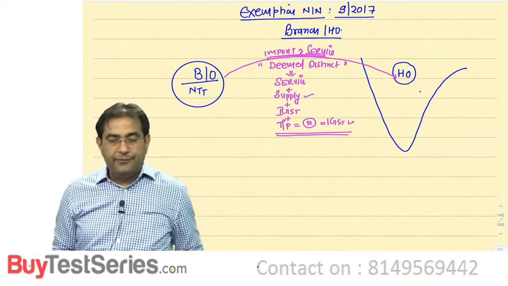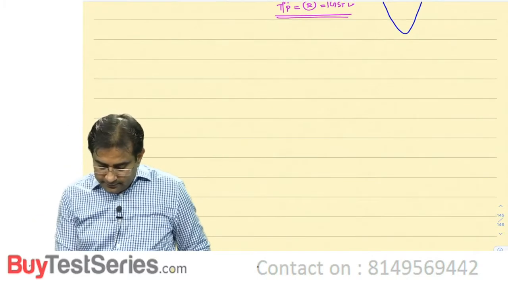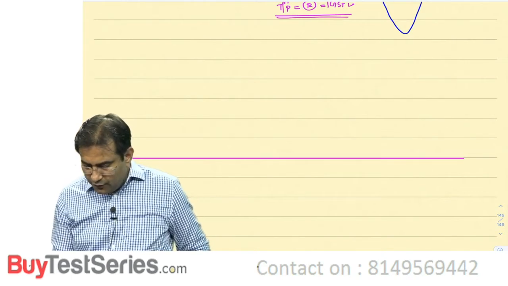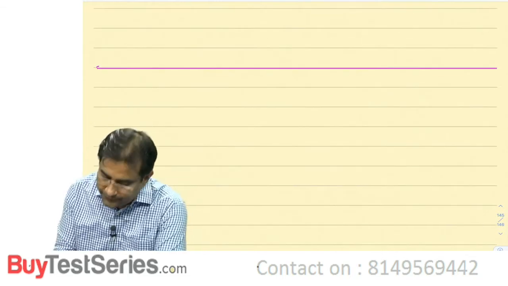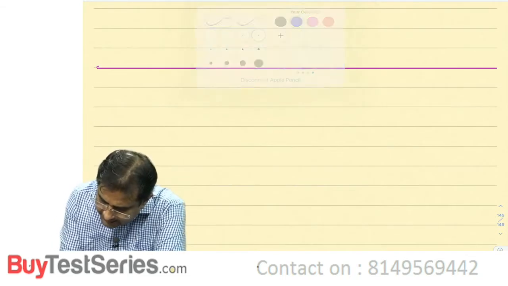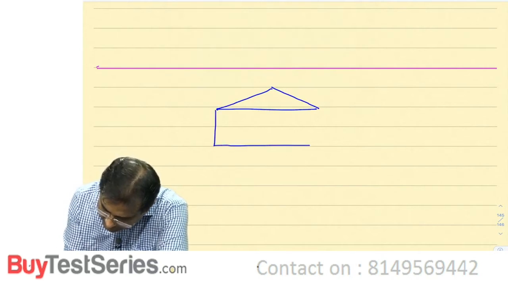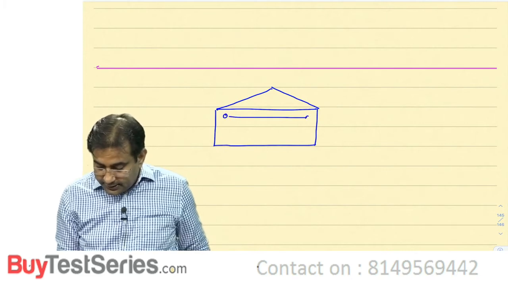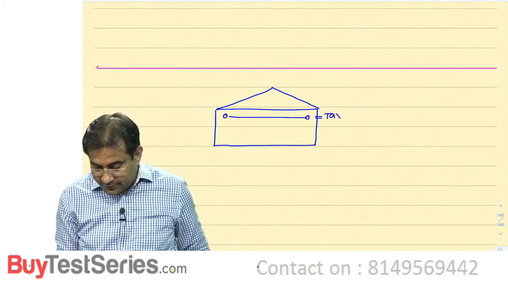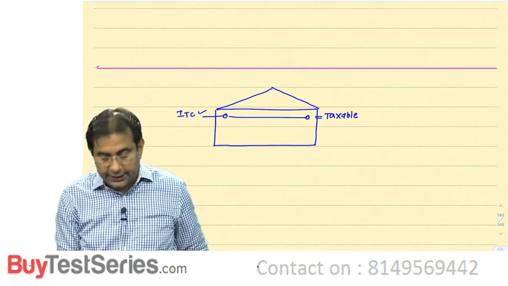Now, before discussing another point, come here. I would like to recall some important concepts to all of you. We have already studied that if a person is making outward supply which is taxable, the person is entitled to have the corresponding ITC thereof.